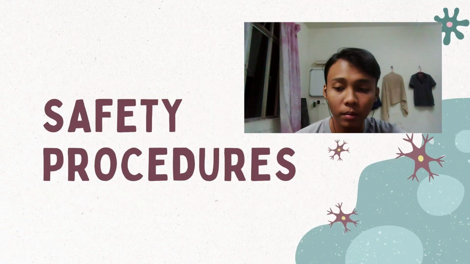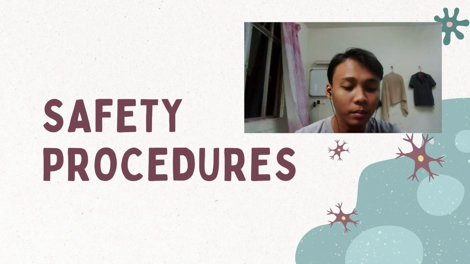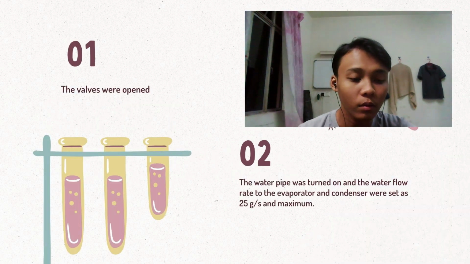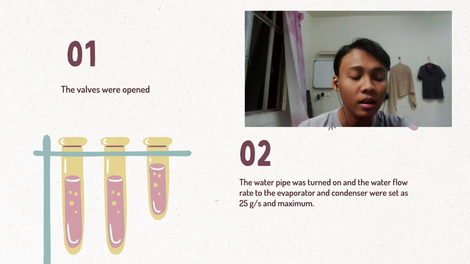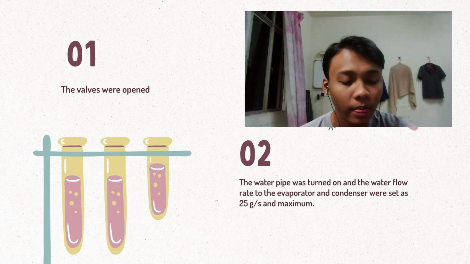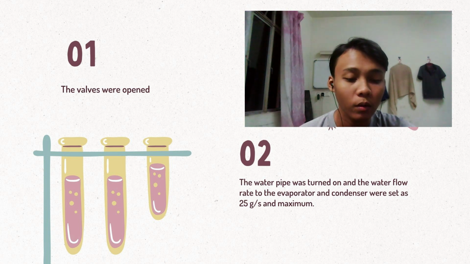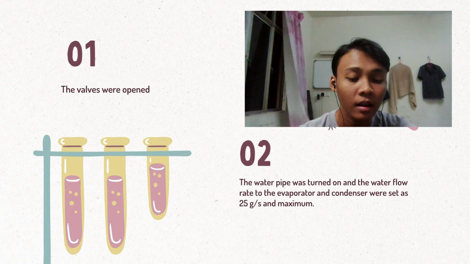Next, I will present the safety procedures. The first step that we did during the experiment is we open the valve, and the second one is the water pipe was turned on, and the water flow rate to the evaporator and condenser was set as 25 grams per second, and maximum for the water flow rate to the condenser.